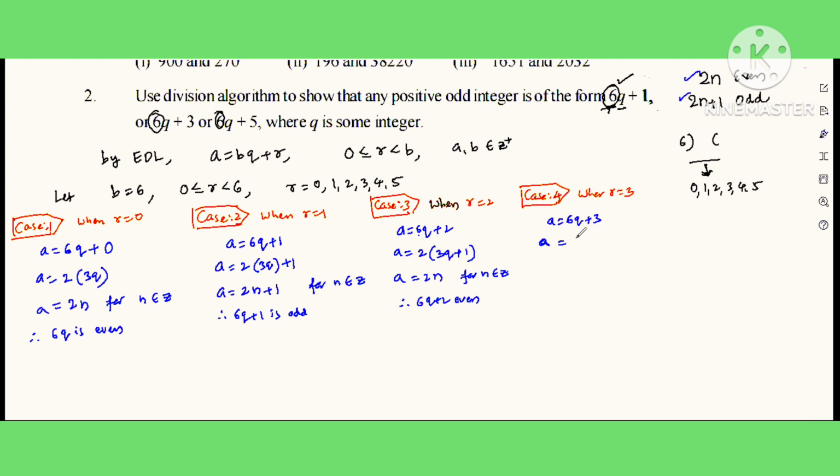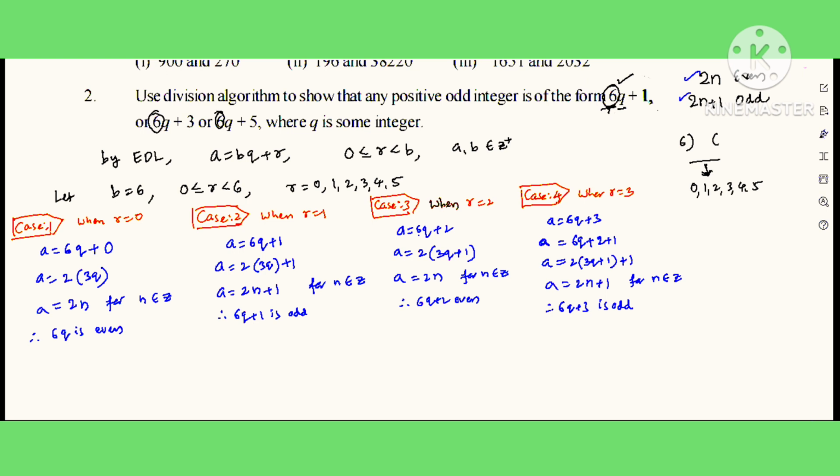So how can you write it? 6q plus 2 plus 1. If you write 3 as 2 plus 1, now in the first two terms we get 2 common: 2 into 3q plus 1, plus 1. Now 2 into some integer plus 1, that is 2n plus 1 for n belongs to Z. Which form is it? Odd form. Therefore 6q plus 3 is odd.